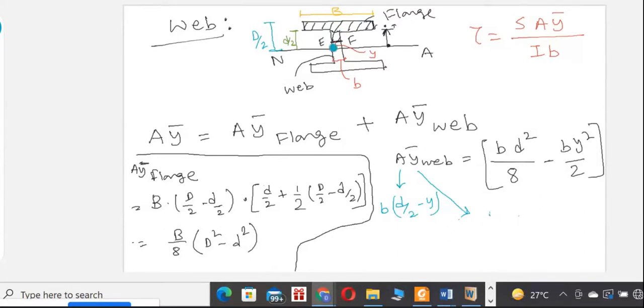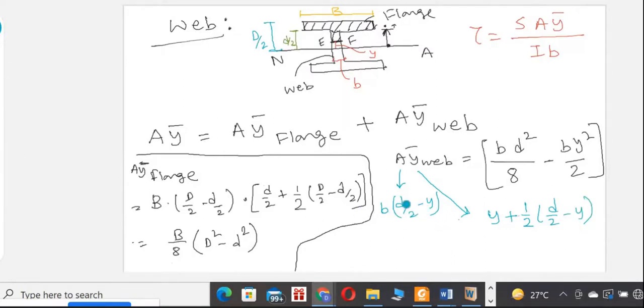So first we are going from the neutral axis to EF, that is y. Then from EF to the centroidal portion of this part, so half of d by 2 minus y.